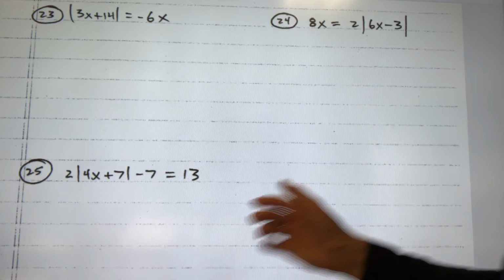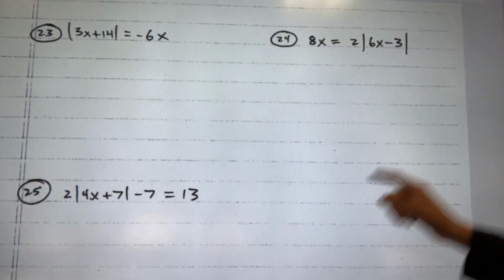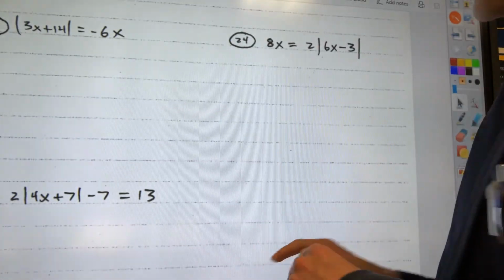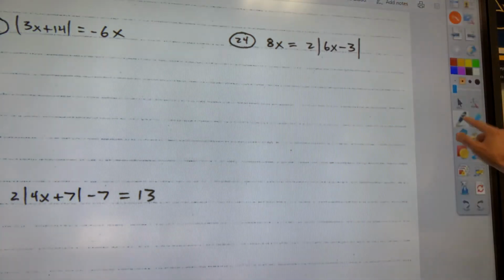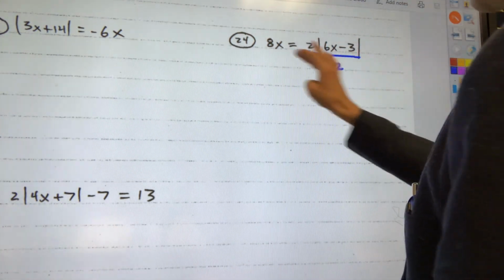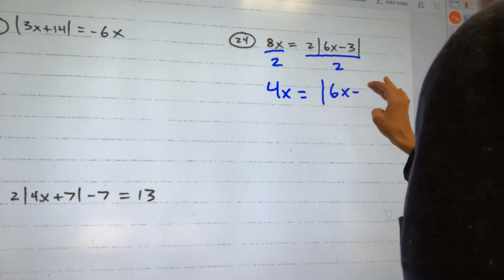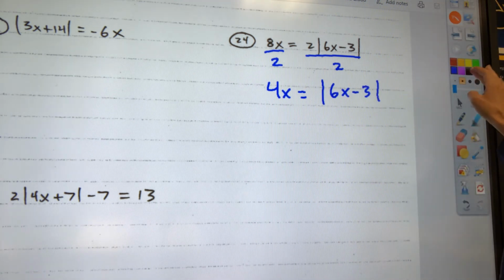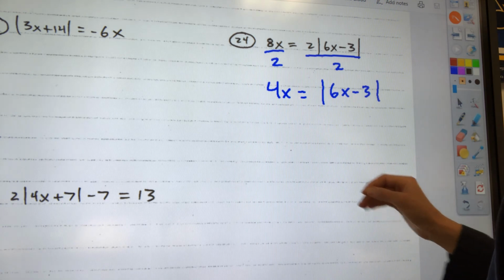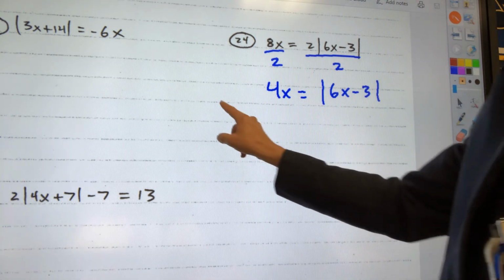What we got here? Can you see 24? There's 24. Divide by 2. 4x is equal to the absolute value of 6x minus 3. All right, 6x minus 3.